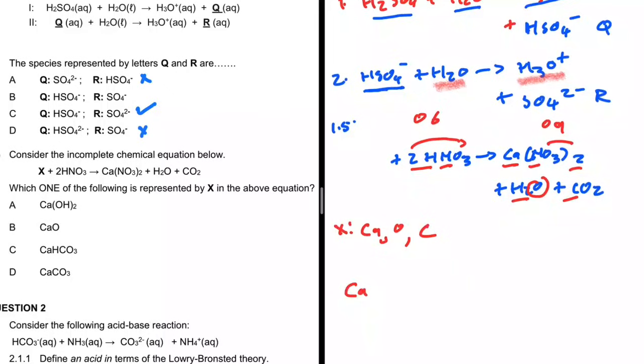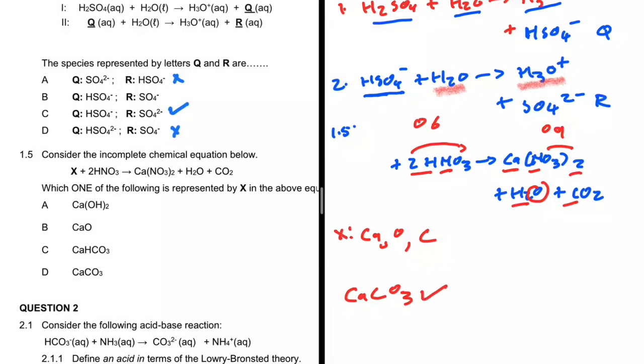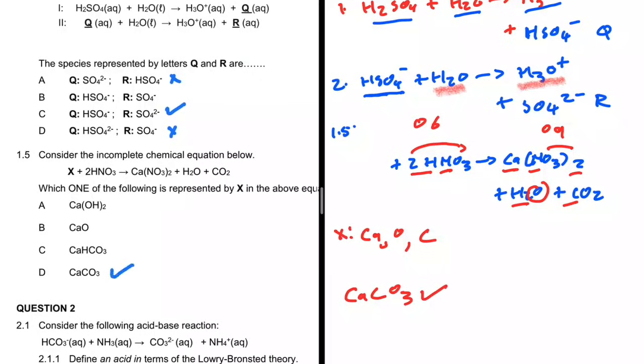How many carbons? We have 1, so we need 1 on the left. And then oxygen: on the right, we have 9 oxygens, and on the left, we have 6. The difference is 3, so we need 3 oxygen. So on the left, in place of X, we have CaCO3. So the answer to 1.5 is D.